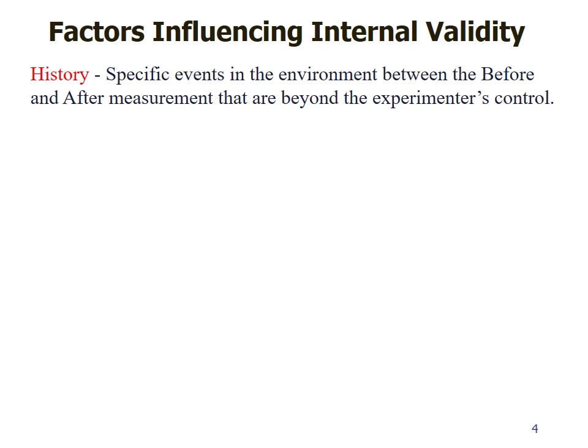And if we think back to the example we gave in the first part about the use of fertilizers for the growth of the plants, maybe after 1 month of the experiment, there is, for example, a lot of storms or a lot of rain or wind, dry weather, okay? So all these are beyond the control of the experimenter, but still they interfere. Maybe the results will not be as expected by the researcher.